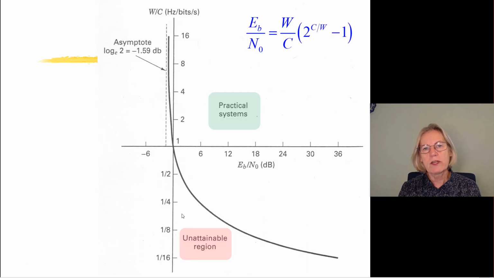So if we looked at this alternative plotting of W over C, the hertz per bits per second, you would see that there's actually an asymptote here, now that we're plotting it against Eb over N0 instead of SNR. And this asymptote is indeed this value, the natural log of 2, or minus 1.59 dB.